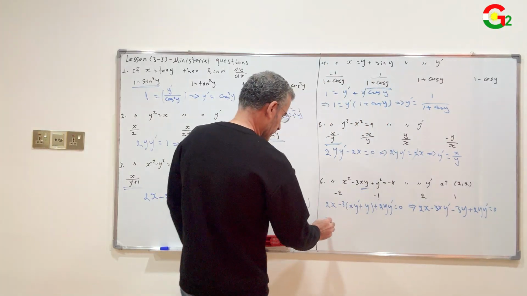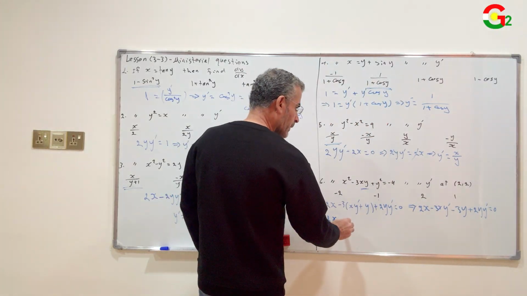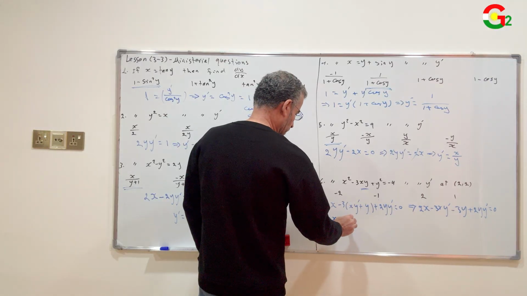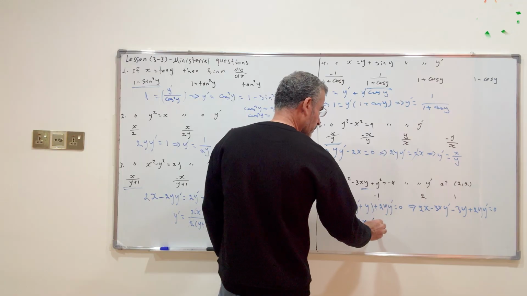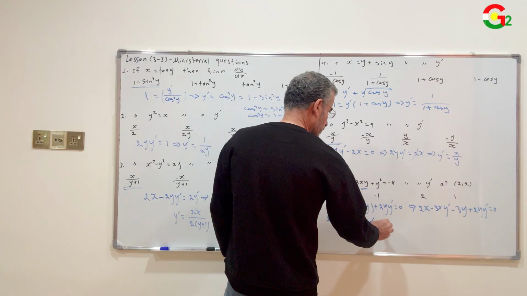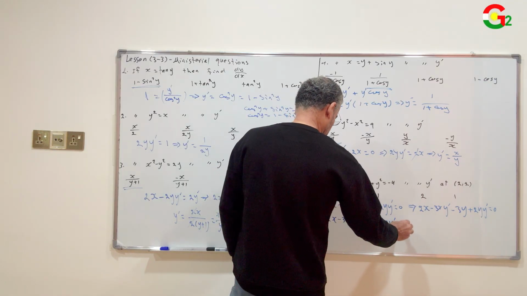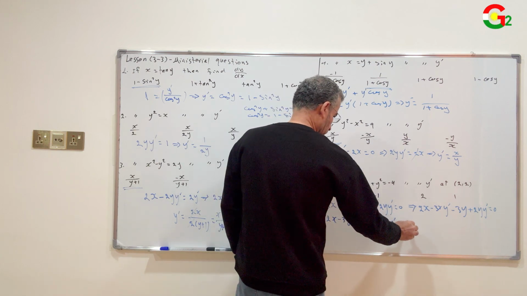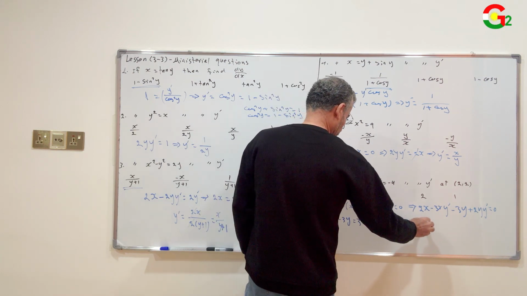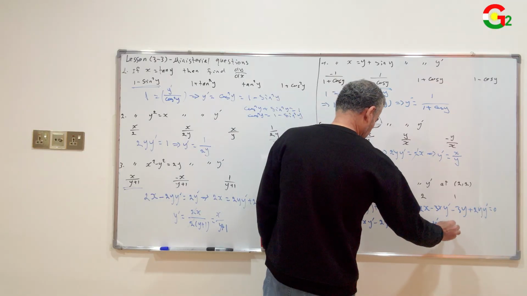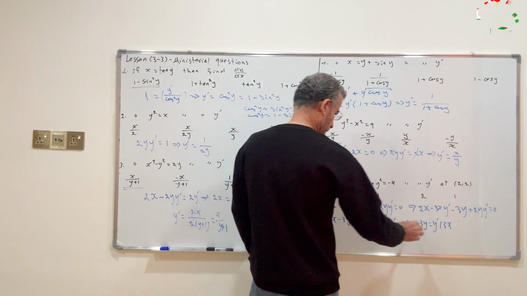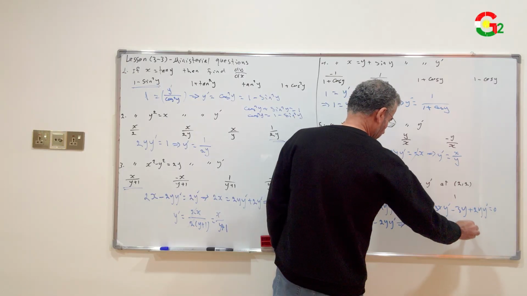Then 2x minus 3y equals 3xy prime minus 2y prime. Then 2x minus 3y equals, factorize by y prime, y prime times (3x minus 2y).